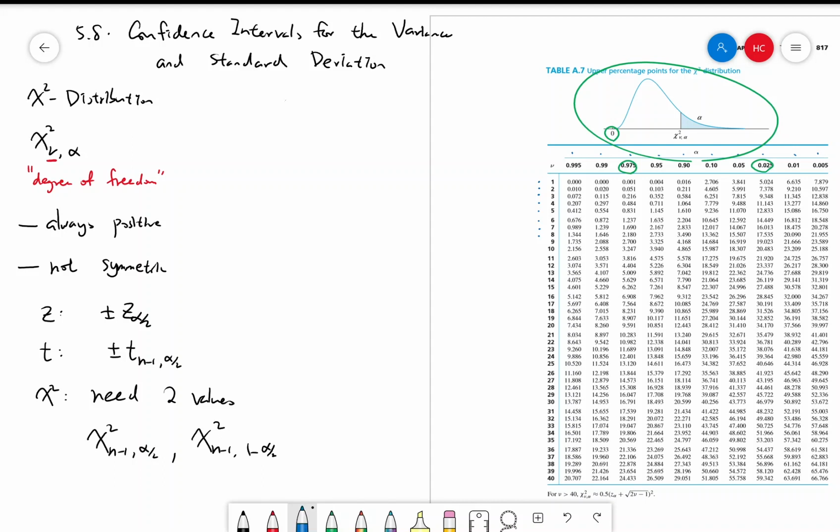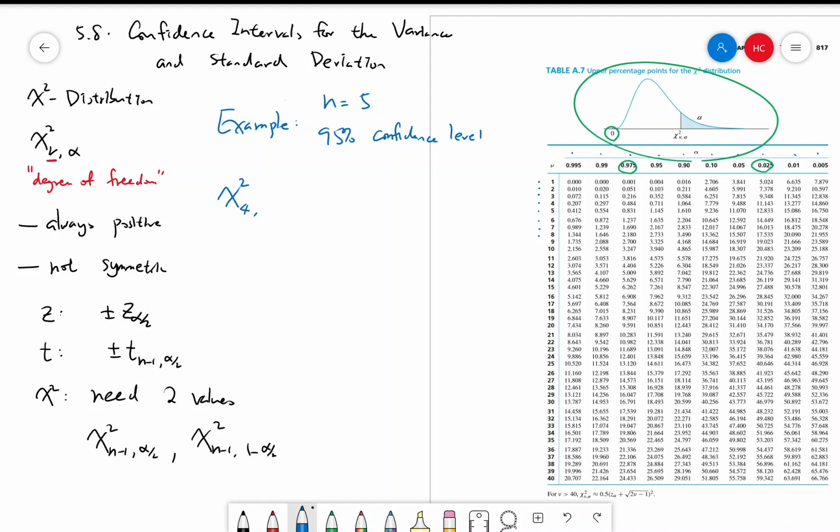So let's do an example. Suppose n is 5 and we want to find a 95% confidence level. Then the relevant chi-square values are chi-square with degree of freedom 5 minus 1, so it's 4.